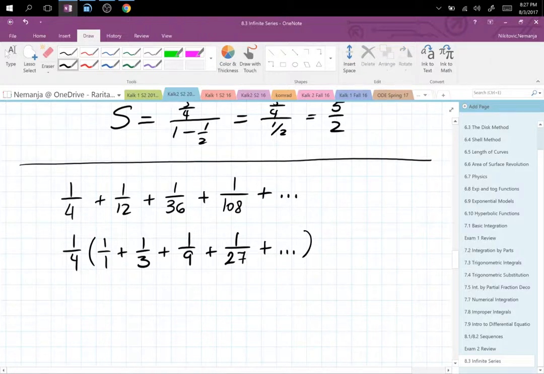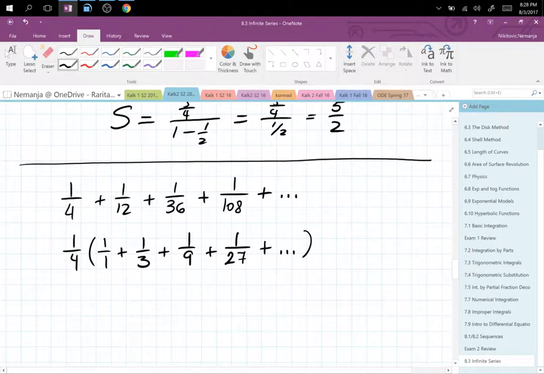So for the bottom now, what is the pattern? The denominator is being multiplied by 3. So we count this way, 1/3 to the n. So that is your r.